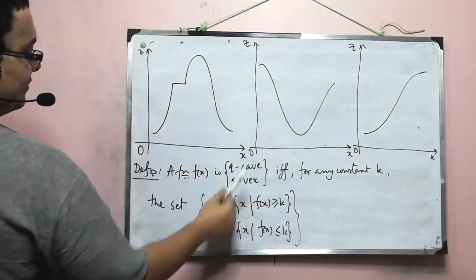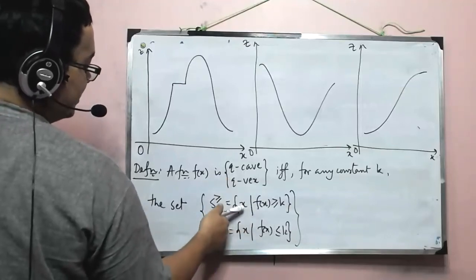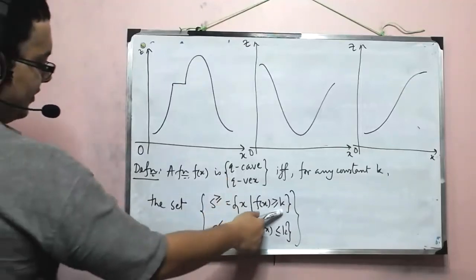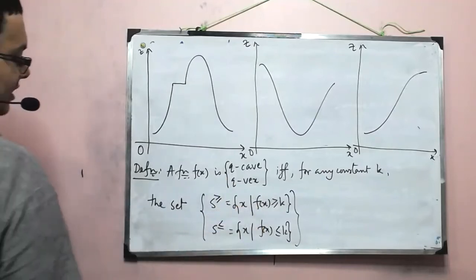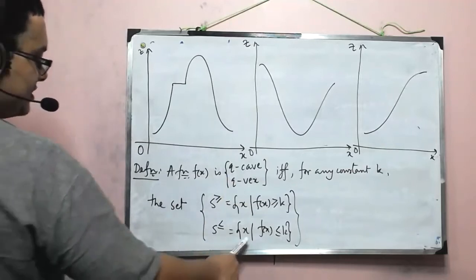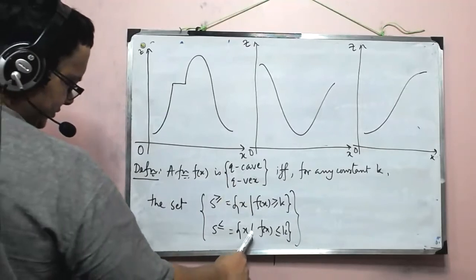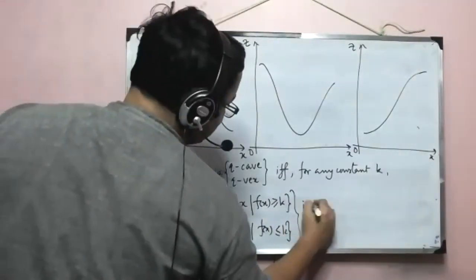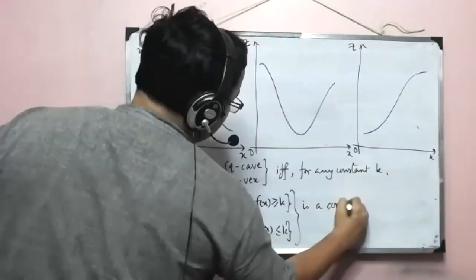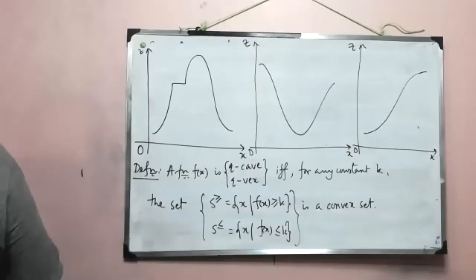So for qk, we are talking about, first, collecting those x given a k for which f(x) is greater than or equal to k, and for the second one, those x given a k for which f(x) is less than or equal to k, and in both cases we want it to be a convex set. So it's kind of the other way around, right?